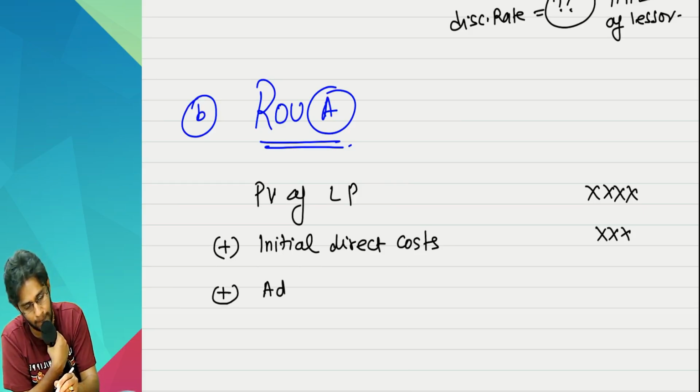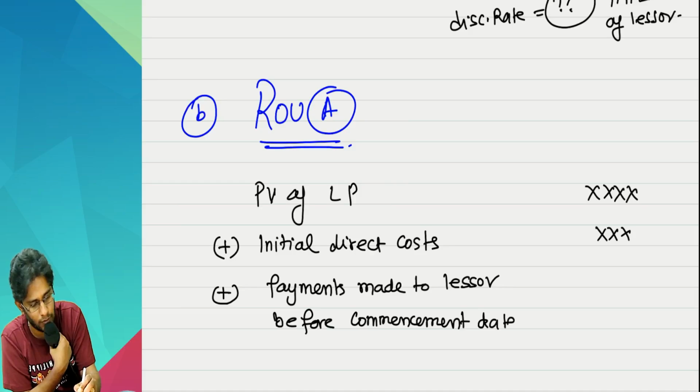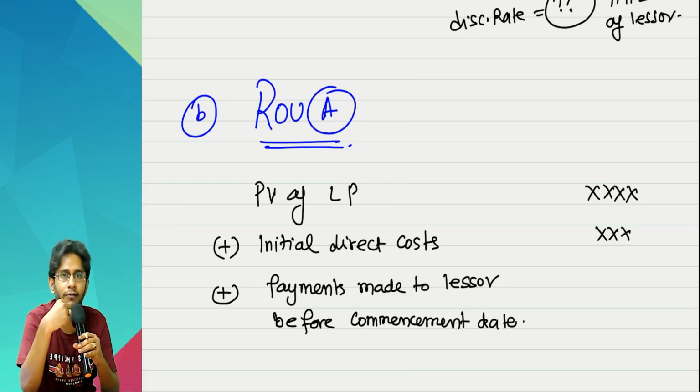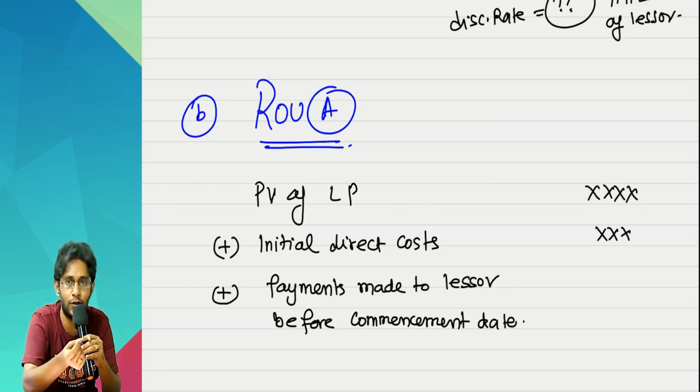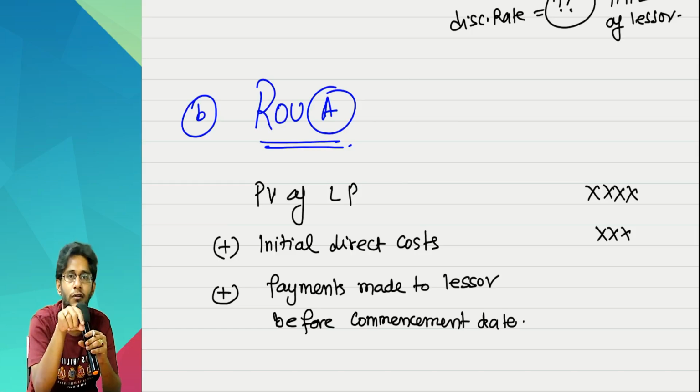Add payments made to lessor before commencement date. Now sir, as a lessee, whatever payment I make to the lessor, they all ideally should fall into the definition of what?